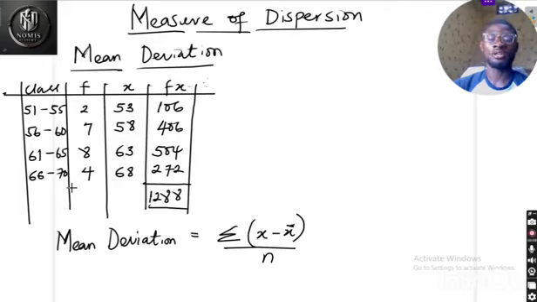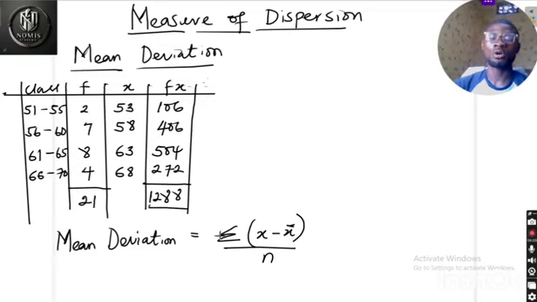And then summation f, what do we have? 2 plus 7, we have 9. 9 plus 8, we have 17, and 17 plus 4 is 21. So we have fx and f.